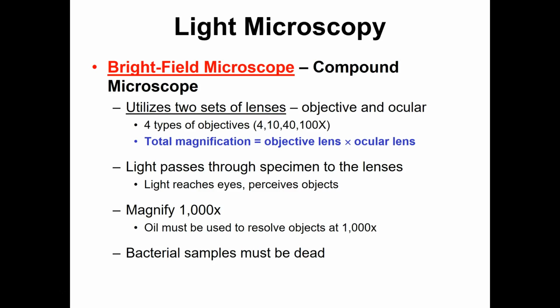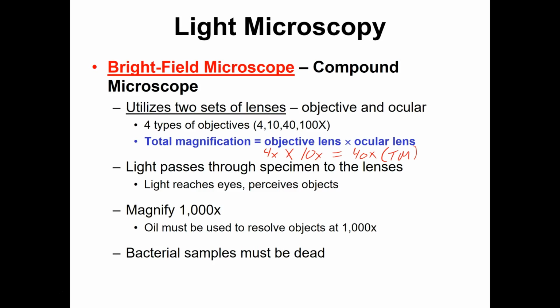That never changes. So if you're looking at a specimen under the scanning objective, 4x, you multiply that by the ocular lens, 10x, to get a total magnification of 40x. Very simple calculation.